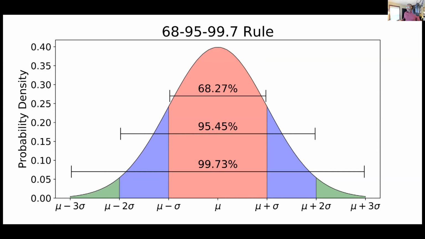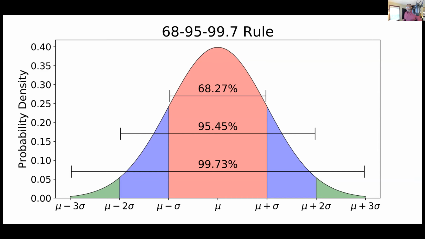So 95% of all the scores, again, this is assuming we have a normal distribution of data, are going to fall within 2 standard deviations, so 100 points plus or minus the mean.